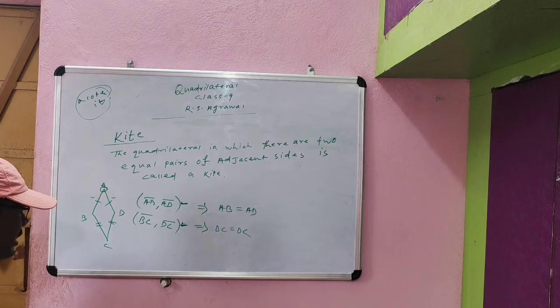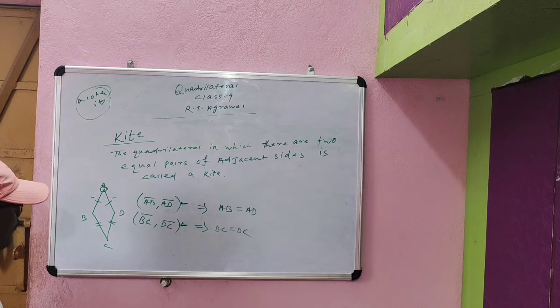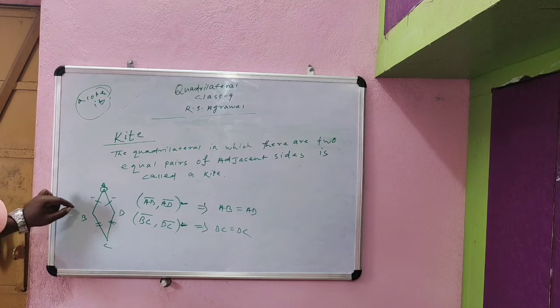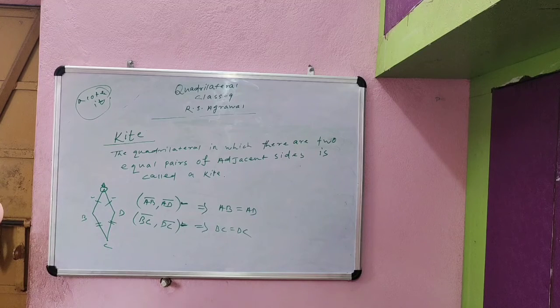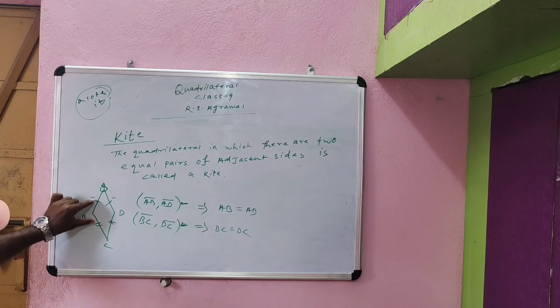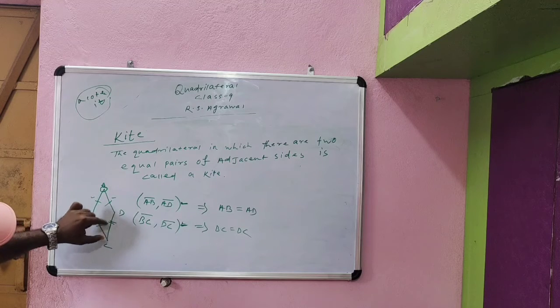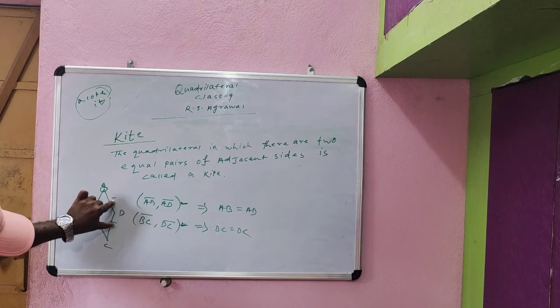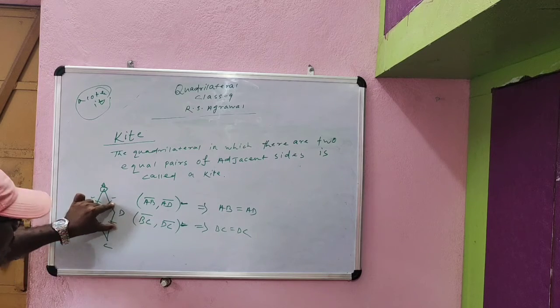In another way, you can also observe it. How? If you take side AB and BC, it can be one pair of adjacent sides, and AD and DC is the second pair of adjacent sides.